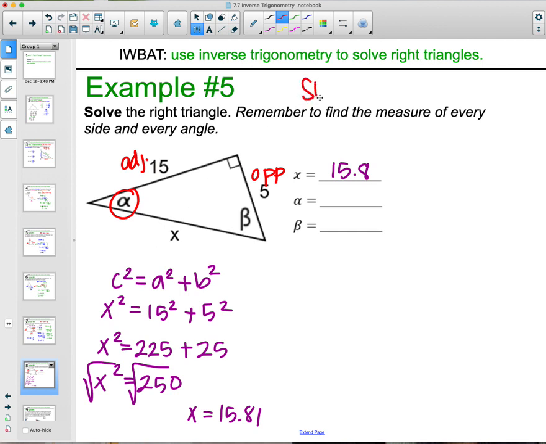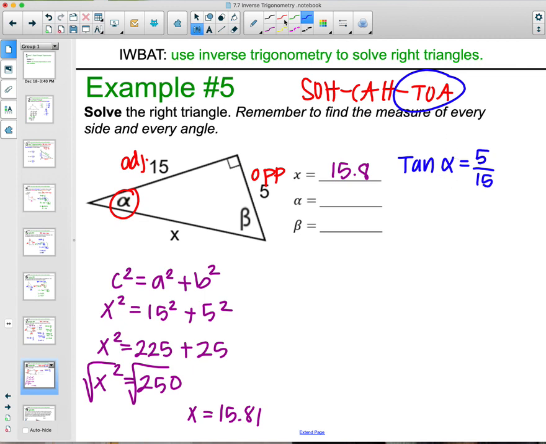So then we're going to go to SOH-CAH-TOA and figure out which function uses the opposite and the adjacent, which is the tangent function. So I'm going to say tangent of the angle, which is alpha, equals the opposite, which is 5, over the adjacent, which is 15.